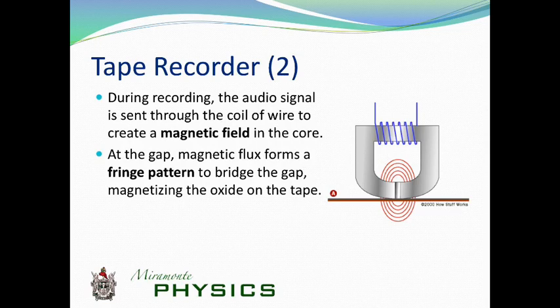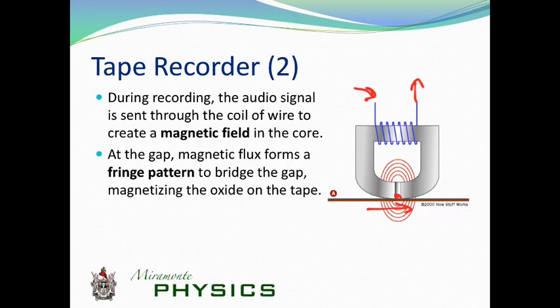Then when you wanted to do playback, you basically have a very similar electromagnet, except this one would be sensing. So now you'd run your tape, and you wouldn't have a signal going in here, but you'd have a signal that would come out.